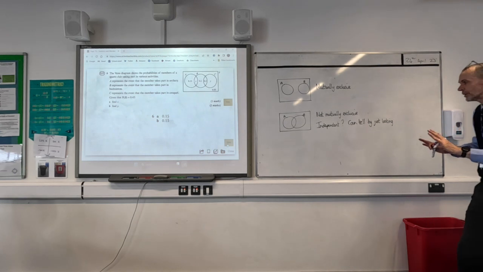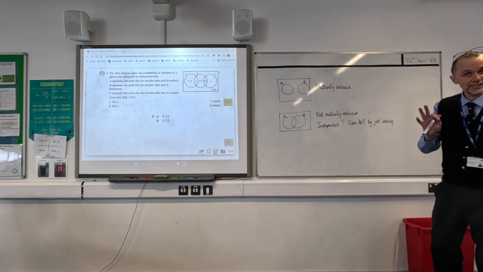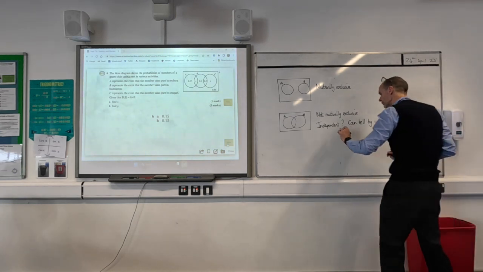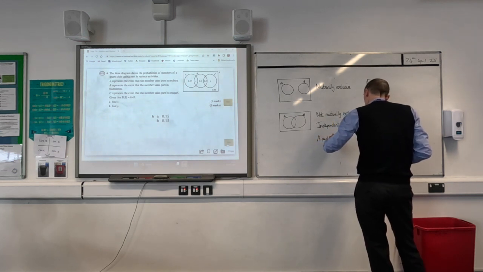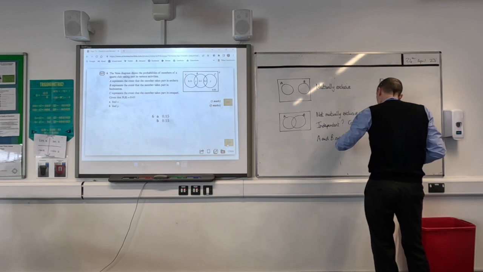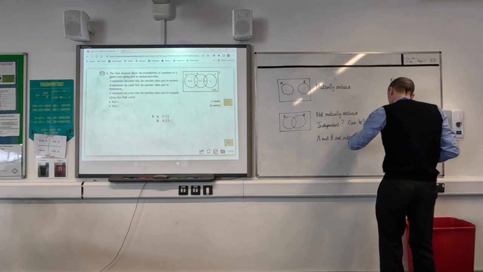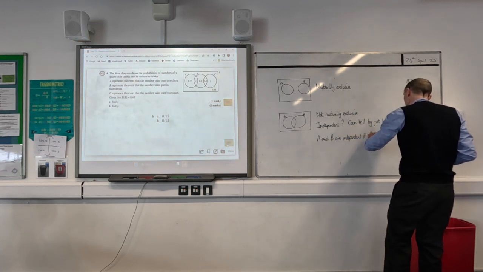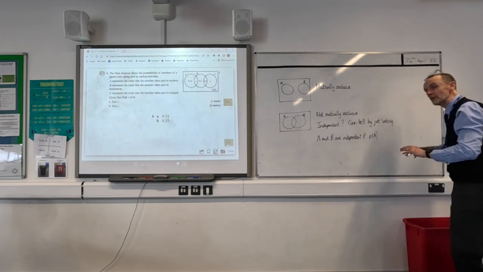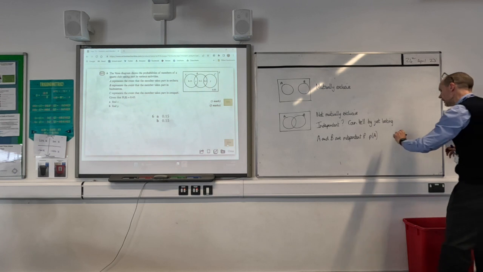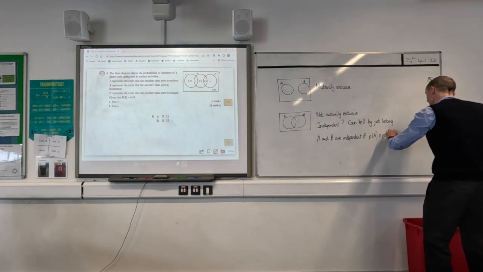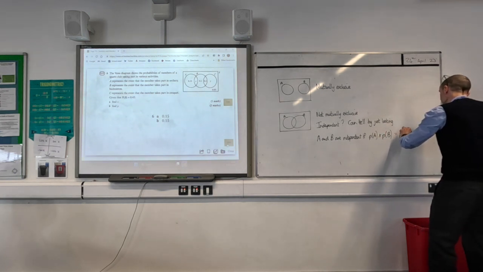Instead, we have this rule, and this is, I suggest to you, the only sort of new rule. A and B are independent if the probability of A, that's A happening on its own, probability of it raining, multiplied by the probability of B, probability of EastEnders being on, is the same as the overlap.